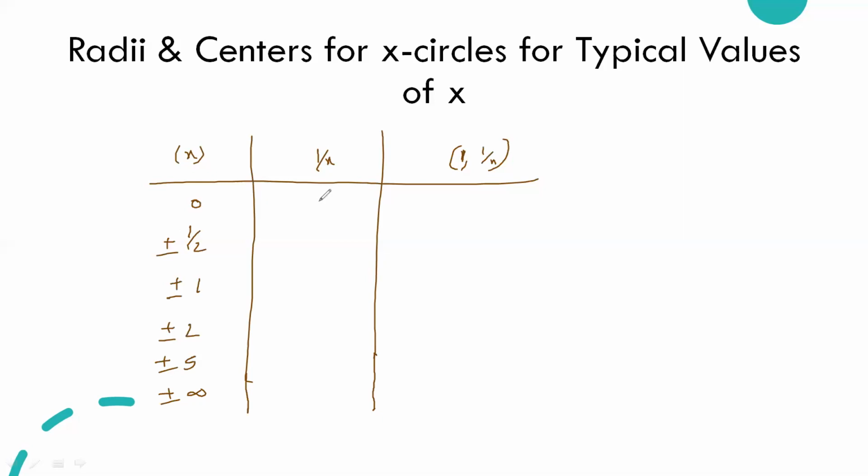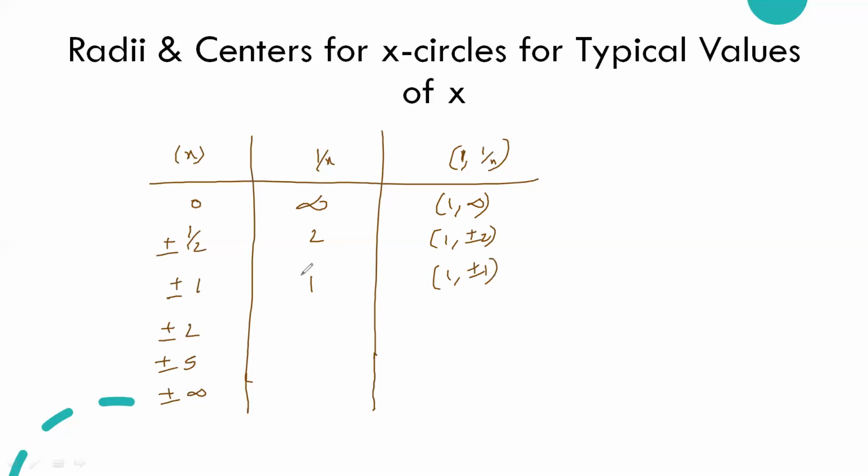Let us look at the radius and the center. The radius will be infinity for X equal to 0, and the center is 1 comma infinity. For plus or minus 1 by 2, the radius is 2 and the center is 1 comma plus or minus 2. For plus or minus 1, the radius is 1 and the center is 1 comma plus or minus 1.